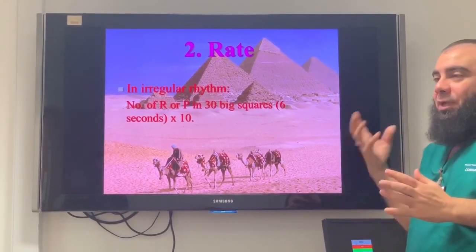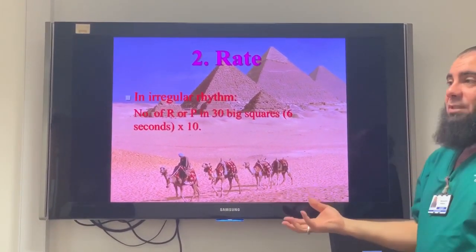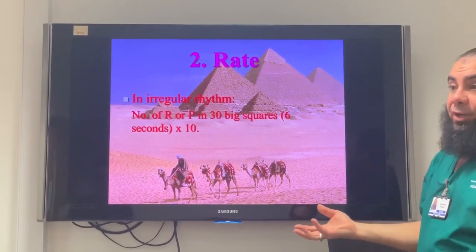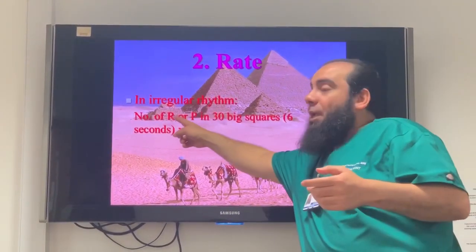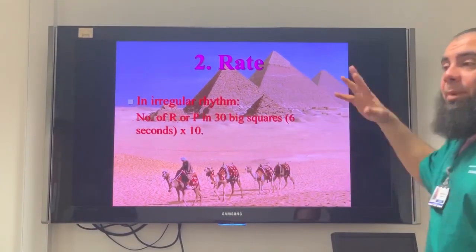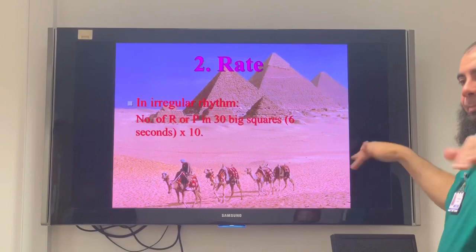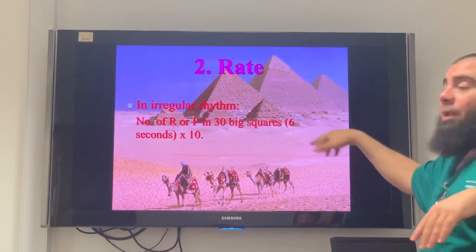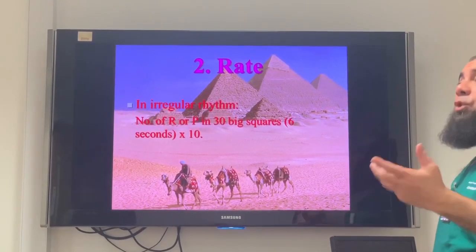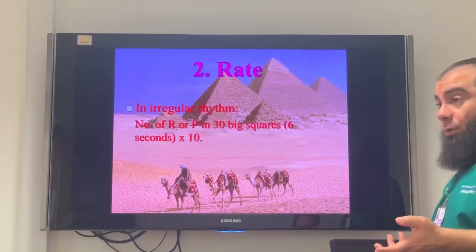So I need to calculate the atrial rate and the ventricular rate, so I calculate the number of R and P waves separately. But in the usual one, we calculate the R waves in 30 squares, then multiply by 10, and it gives us approximately the rate. Okay?